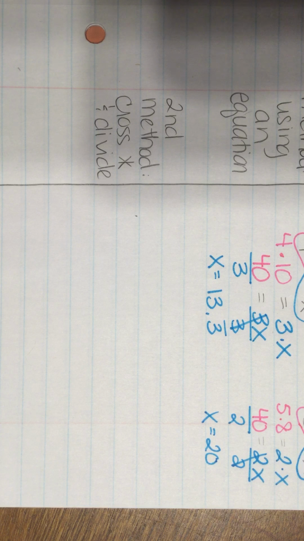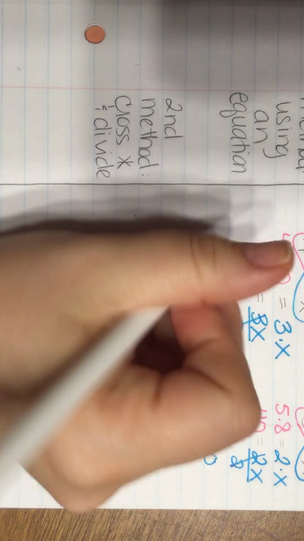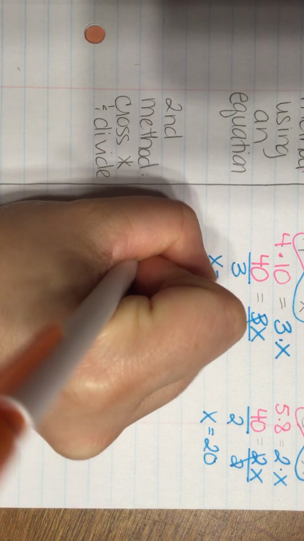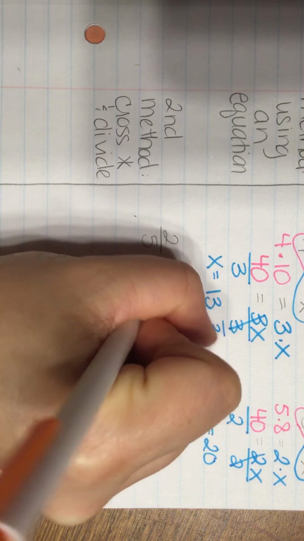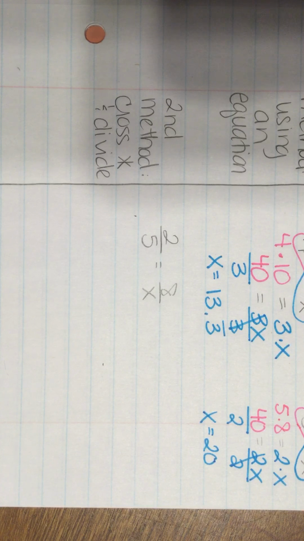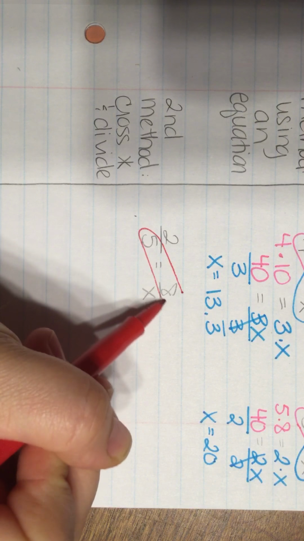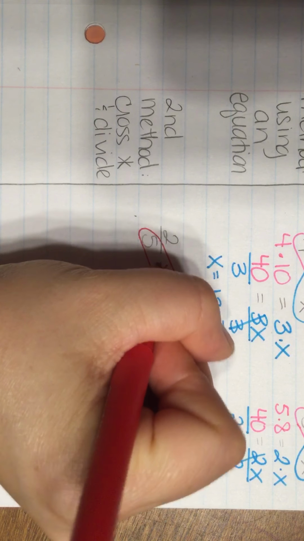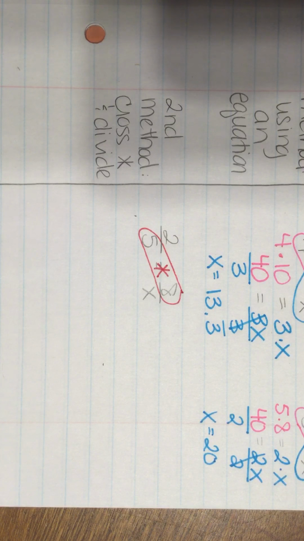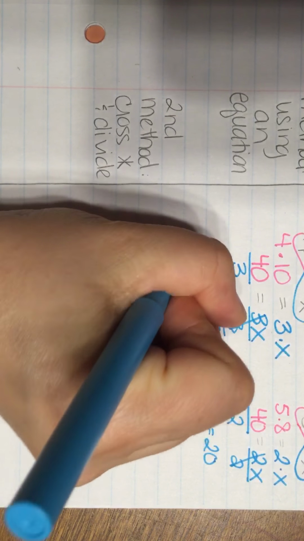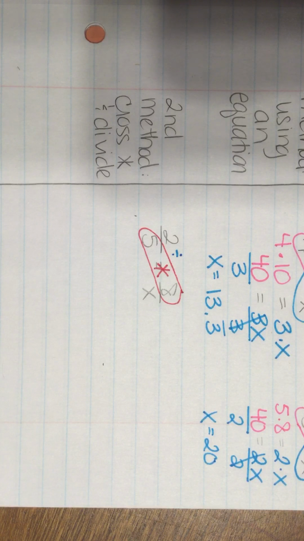So if our problem was the 2/5 equals 8 over x, we are just going to cross multiply the 2 numbers that are actually across from each other, and then divide by what's left.